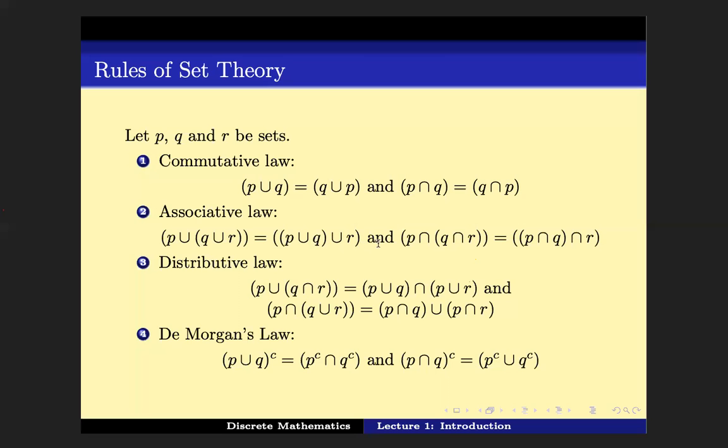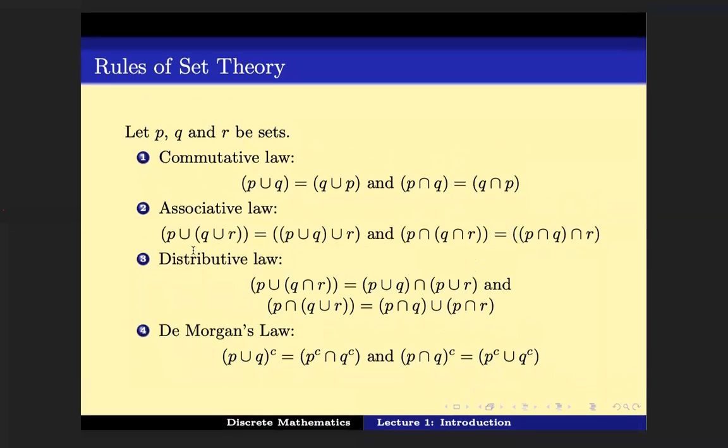This is exactly why, when I have unions only, I will not necessarily put brackets, because however I put the bracket, the resulting set is the same. Similarly for the intersection.